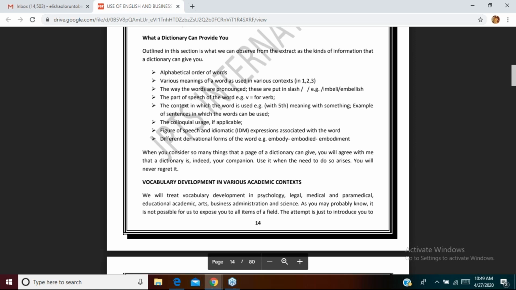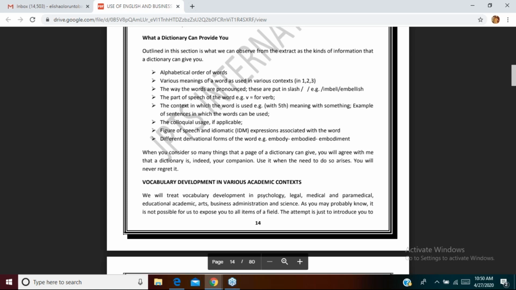Example of sentences in which the word can be used. So we also have the colloquial usage, if applicable. Another one is figures of speech and idiomatic expressions associated with the word. Dictionary also will help you with that. Different derivational forms of the word, e.g., embody.